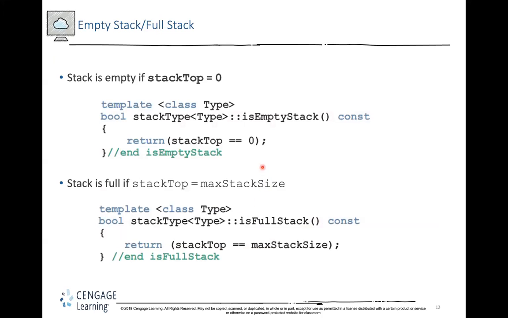So when it comes to the implementation of the actual functions, the condition to check if the stack is empty, we just compare the stack top with 0. If it's full, it means the stack top is the same as the maximum stack size, or the size of the array.